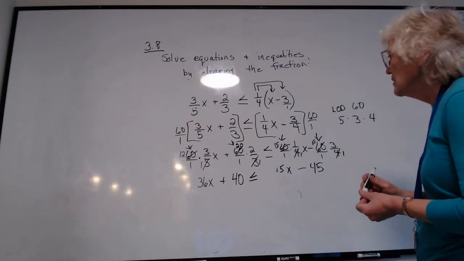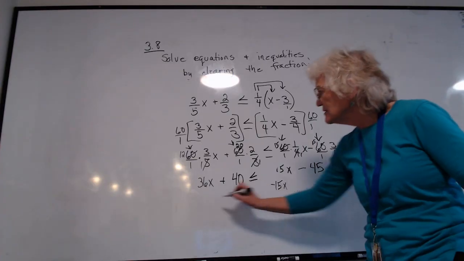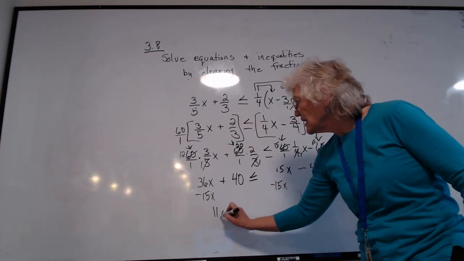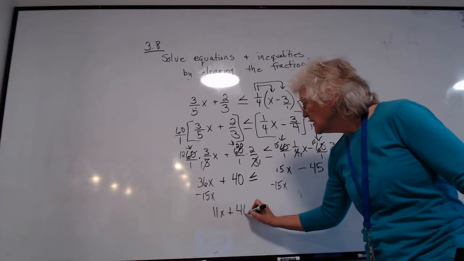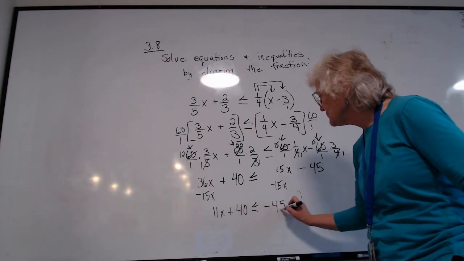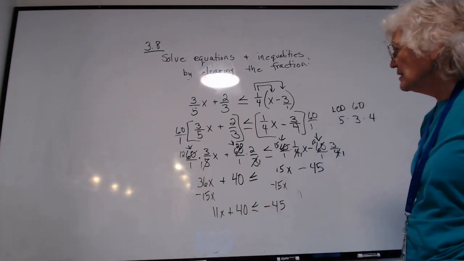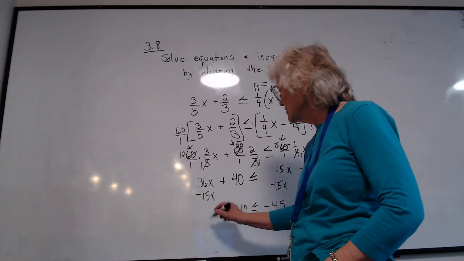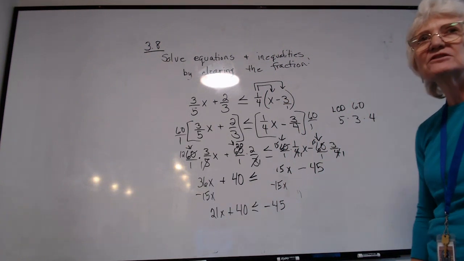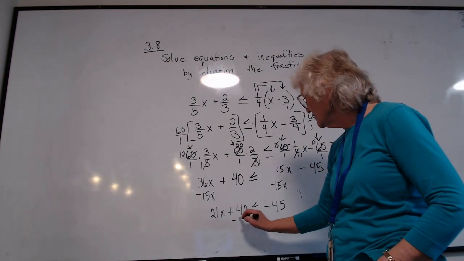So now I'm going to subtract 15x here. So that gives me 21x plus 40 is less than or equal to negative 45. Is it 21x? Yeah, it is 21x. I can't do simple addition either. Minus 45 here.